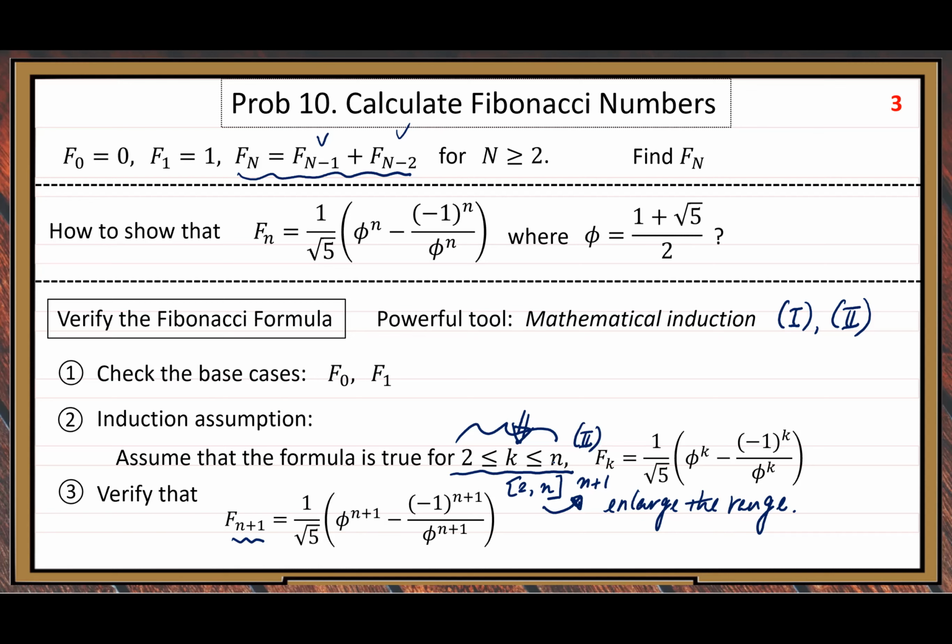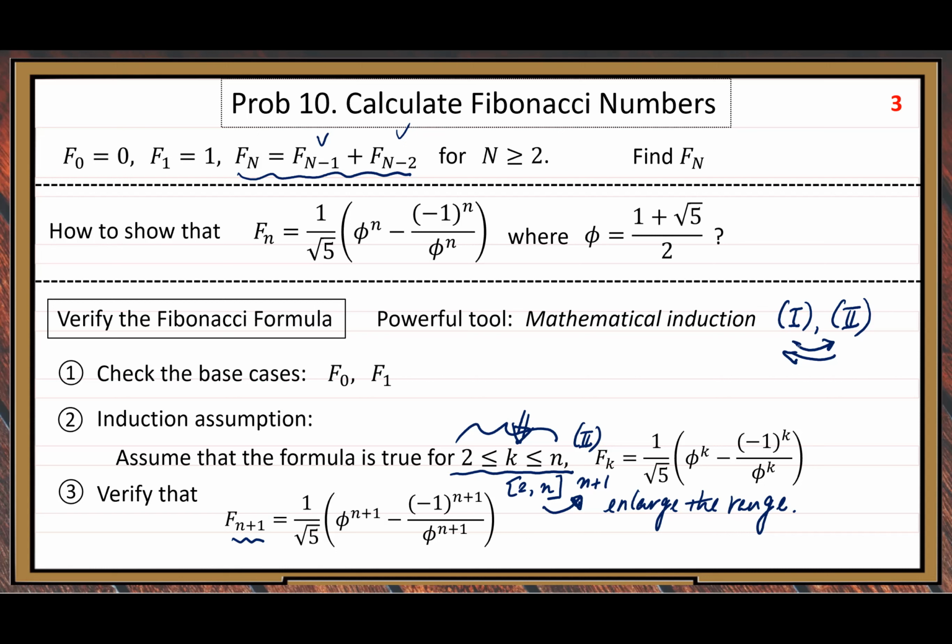Actually, both versions are equivalent. Although we say weaker, stronger, we can prove they are essentially equivalent. They look slightly different, but they are essentially the same. We can prove that.